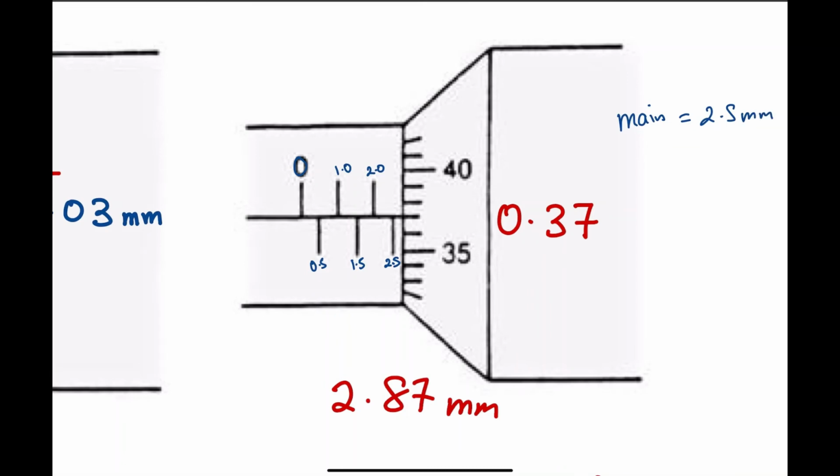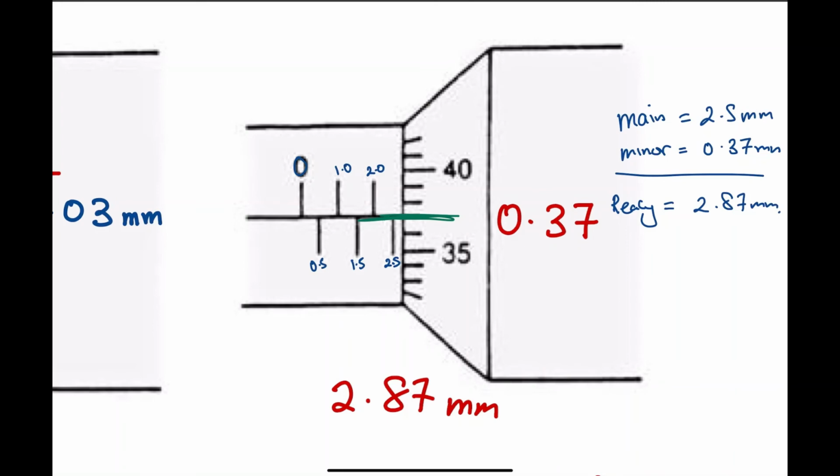Okay, the line that coincides down here, this is 0.37. So therefore I know that my minor is equal to 0.37 mm. So therefore reading is equal to 2.87 mm.